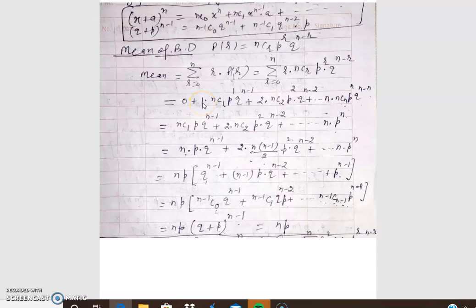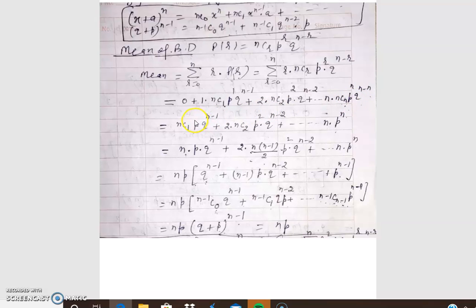Plus when you substitute r equal to 1, this is 1 dot nC1 p^1 q^(n-1), plus when you substitute r equal to 2, this is 2 dot nC2 p^2 q^(n-2), and in the last you substitute r equal to n, so here n dot nCn p^n q^(n-n).